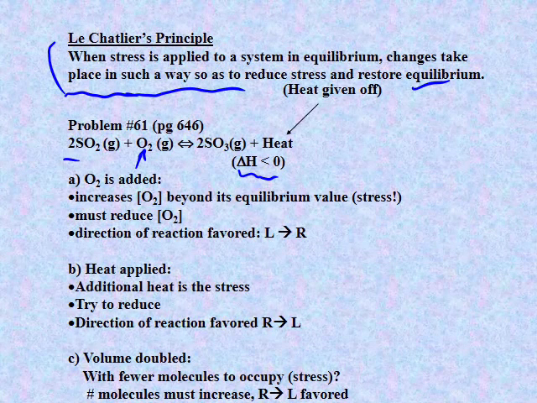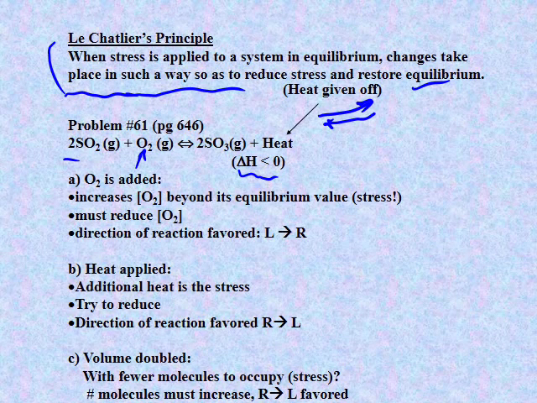Similarly, this extra oxygen would be like a headache for this reaction, so it tries to minimize that additional oxygen. Now remember that a reaction can go in two ways. Left to the right, that means it can form more products by using up reactants, or it can go the other way. It can form more reactants by breaking down products.